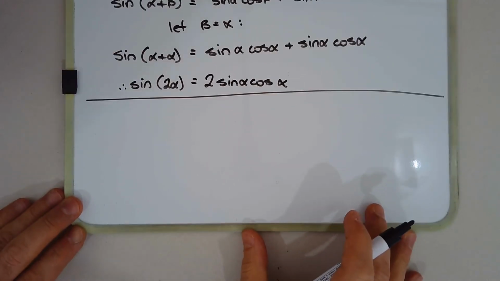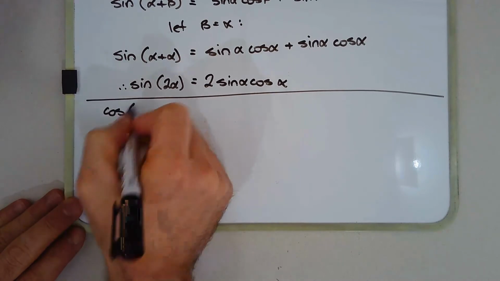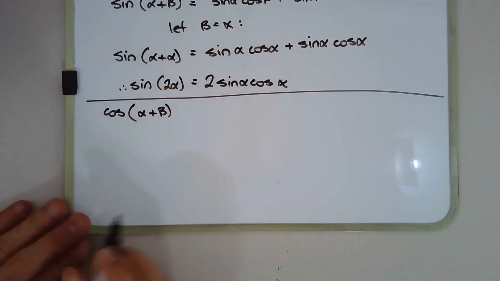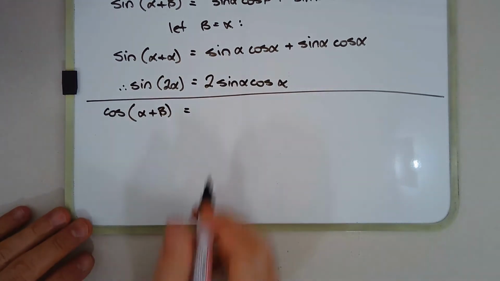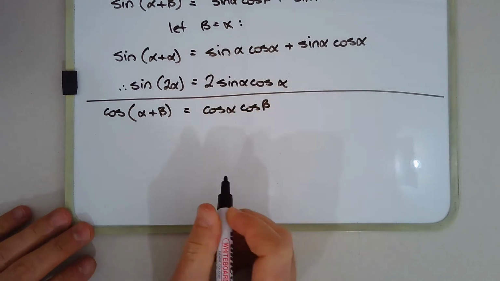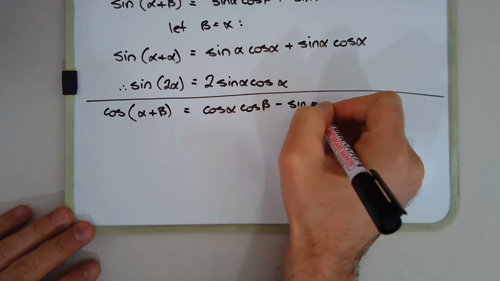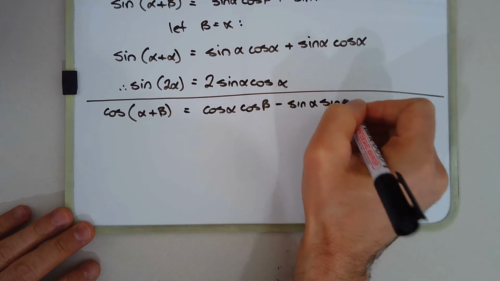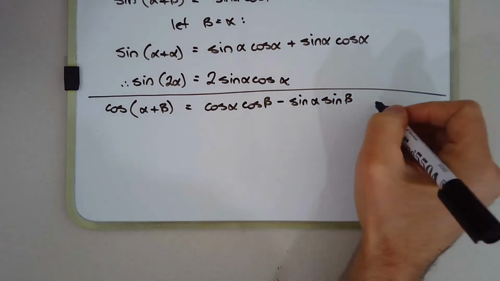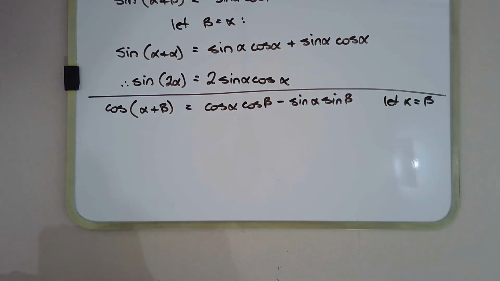So what about cos of 2 alpha? Let's derive that one. We have cos of alpha plus beta. The expansion for that is cos alpha cos beta minus sine alpha sine beta. And now we're going to let alpha equal beta.